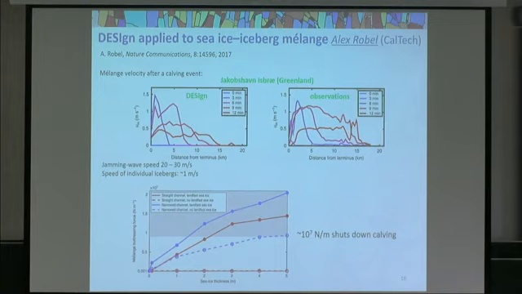And this good agreement motivated Alex to do some sensitivity study with varying sea ice thickness and see how strong is the force acting on the glacier, which, as glaciologists say, is important for shutting down calving or not.